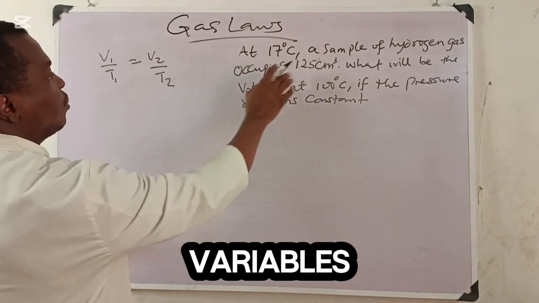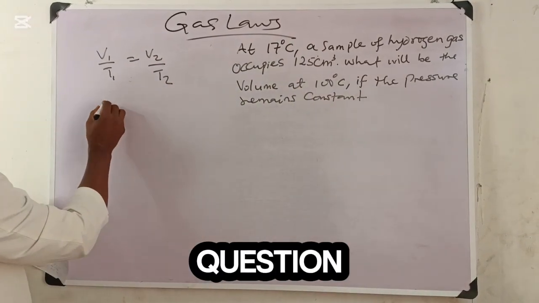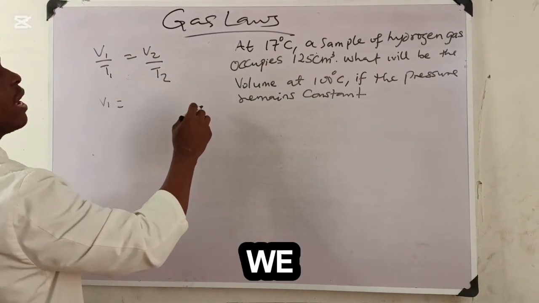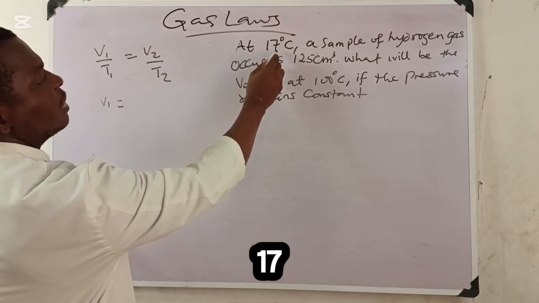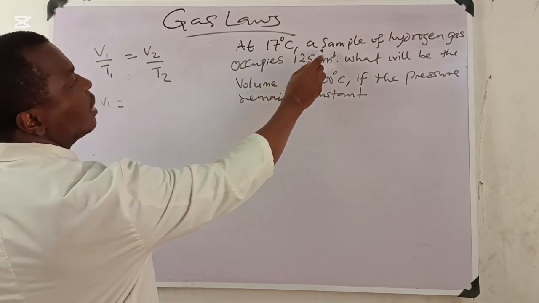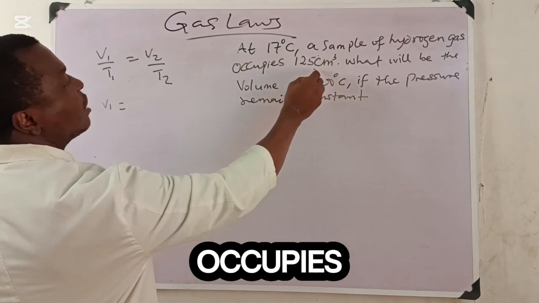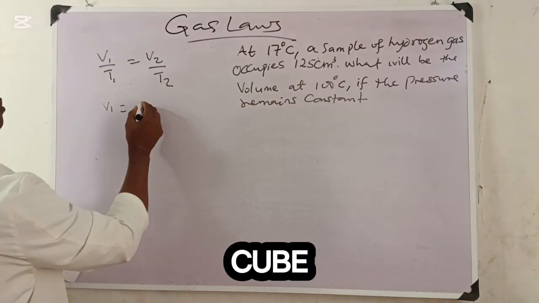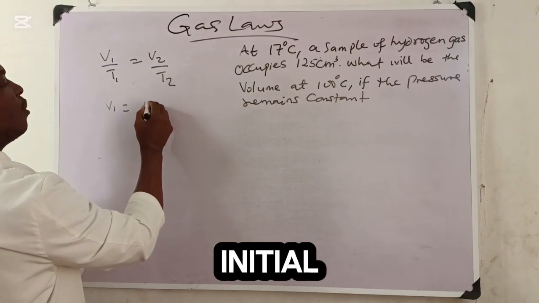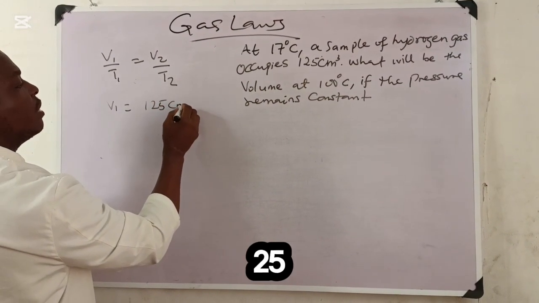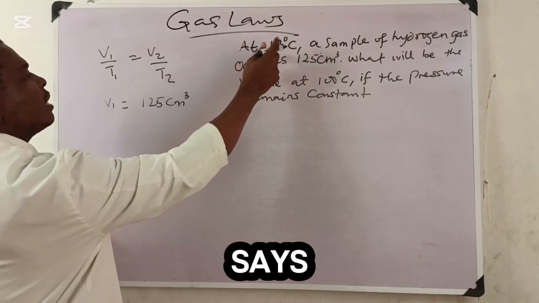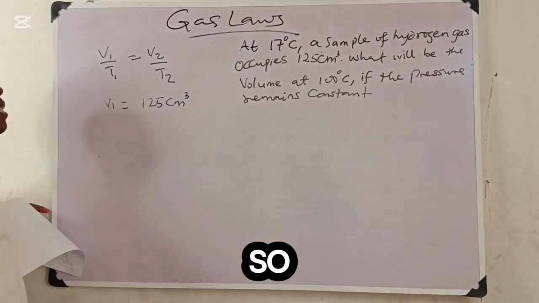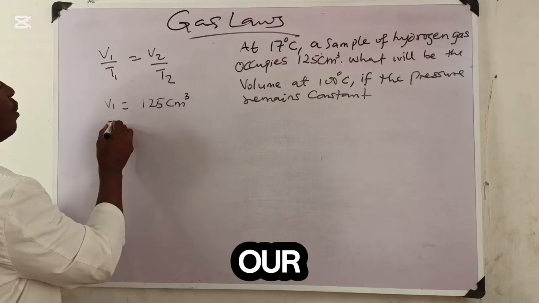If we pick these variables from the question, for V1 we were given that at 17 degrees Celsius, a sample of hydrogen gas occupies 125 cm cube. So the initial volume here is 125 cm cube. And it says at 17 degrees, so this 17 degrees is our T1.